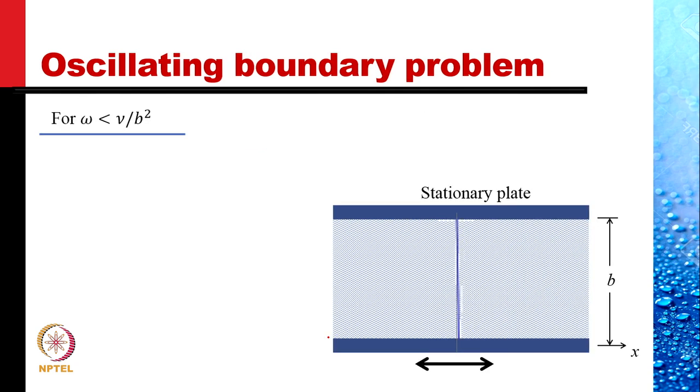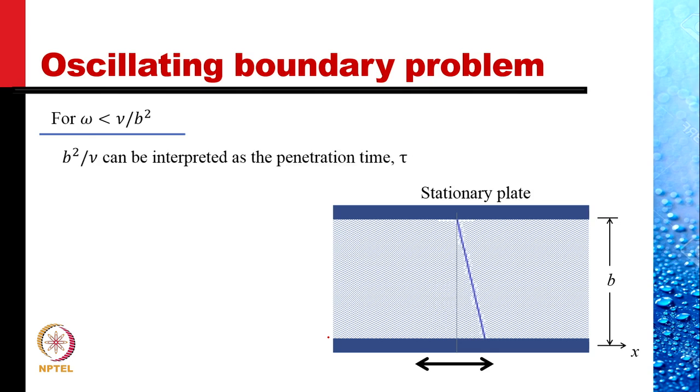Again, for omega less than nu by b square, we can interpret b square by nu as a penetration time tau. Notice that the dimensions of b square by nu are those of time.